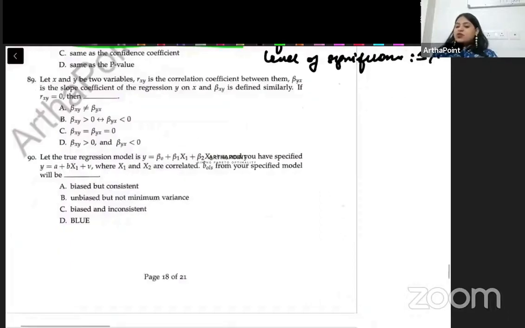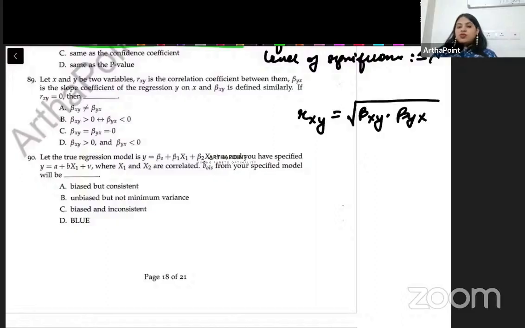Let x and y be two variables. Rxy is the correlation coefficient. So just think about it, beta. See, Rxy is the geometric mean of Bxy and Byx. Right? It is the geometric mean between the two.